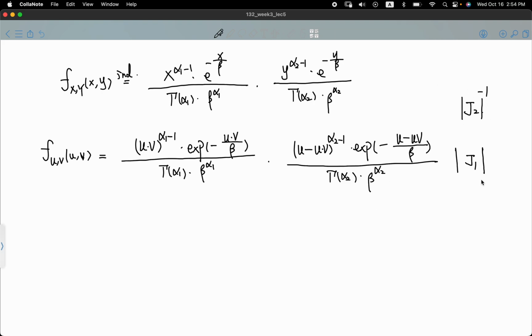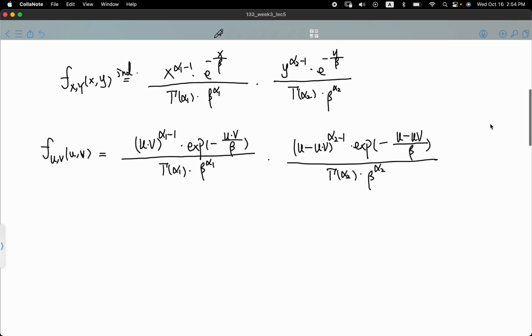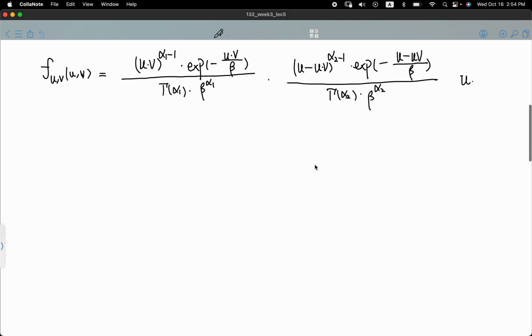Don't forget about the third term here. Okay, and then for our case, because we know J1 is negative u from here, the absolute value is just one copy of u.